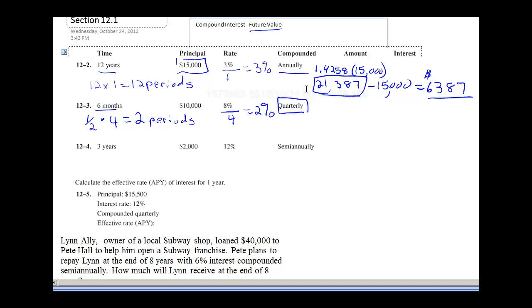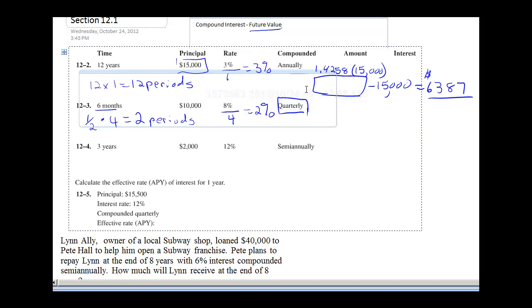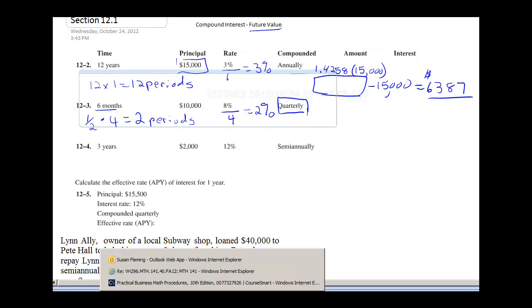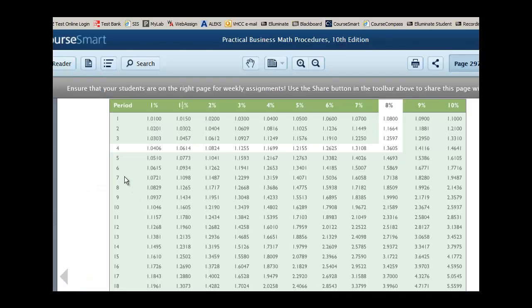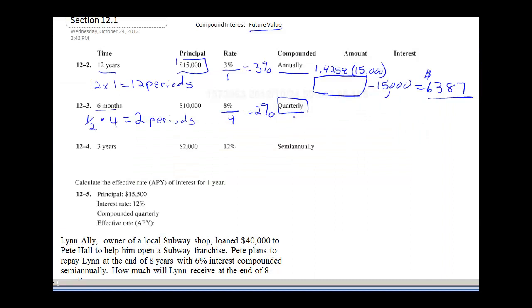So then we go back to the table and we have 2 periods and 2%. Go back to your future value table. Look up 2 periods and 2%. So your factor is 1.0404, which we will multiply by our principal, $10,000 here.